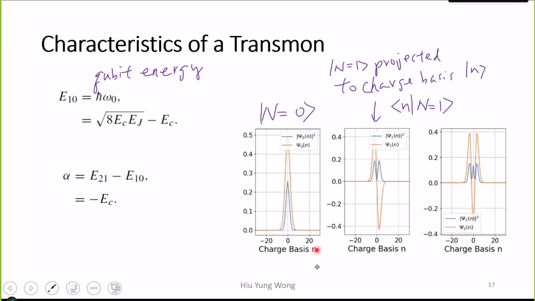Small n is the number operator, which acts as the generalized momentum. So this is just like the wave function projected to momentum space. It's the same as the simple harmonic oscillator: you take capital N equals 0, capital N equals 1, and you can project that into momentum space also. I challenge you to think about it, and talk to me if this is not clear.